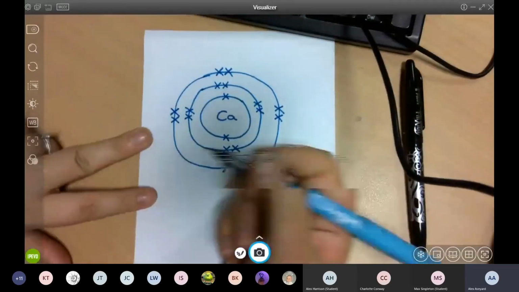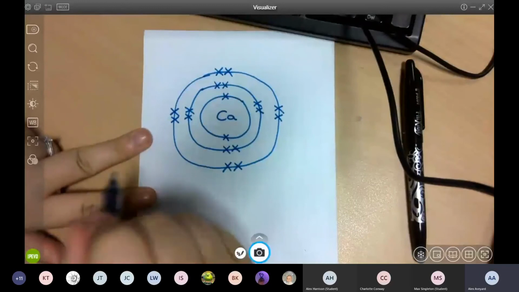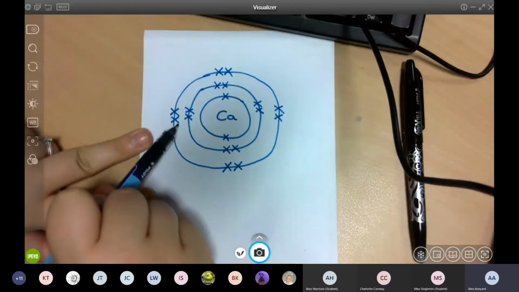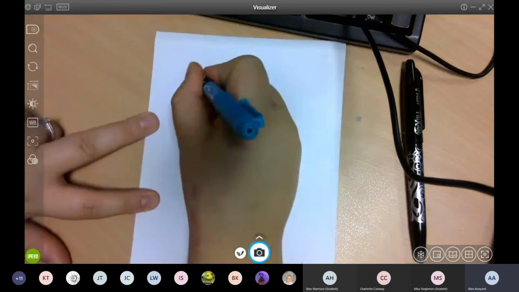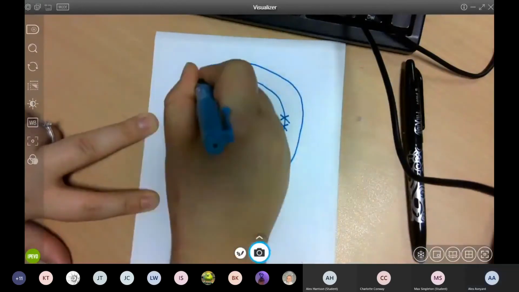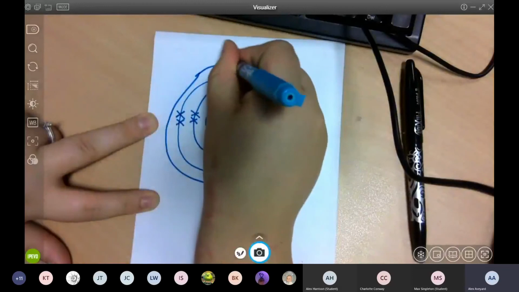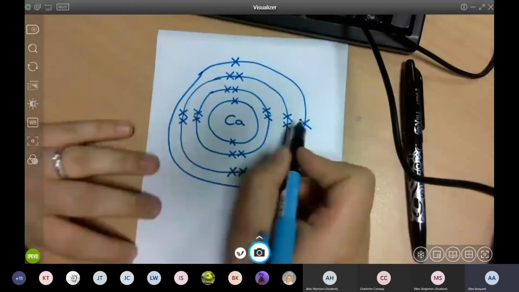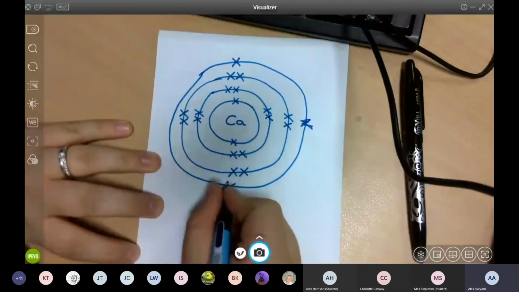So there's now 18. I can't fit any more electrons on that, because remember you can only fit 8 on the second and the third shell. So I then have to put another 2 around the outside. Oops, 18, 19, 20. Okay. Oh, I could have done this one here as well, 20.